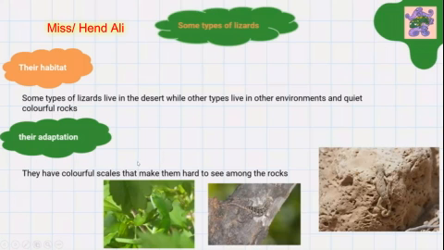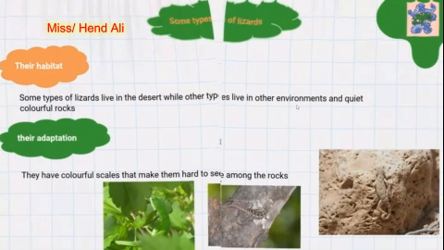Their adaptation: they have colorful scales that make them hard to see among the rocks. So they take the color of the things they are standing on, whether it's a tree or a rock. Some types of lizards live in the desert, while other types live in other environments and quite colorful rocks.